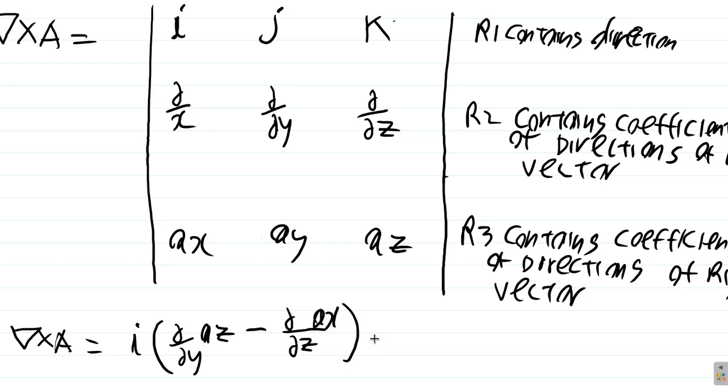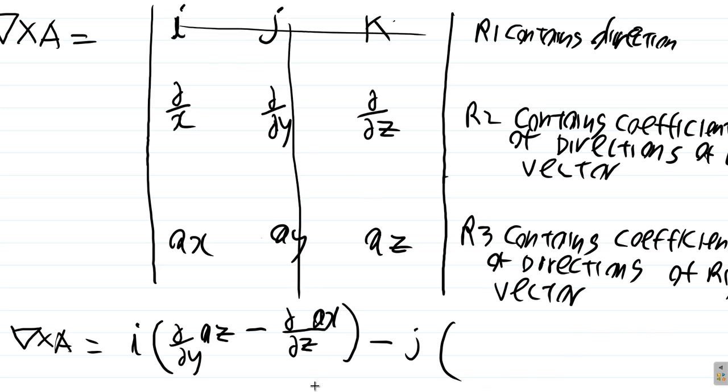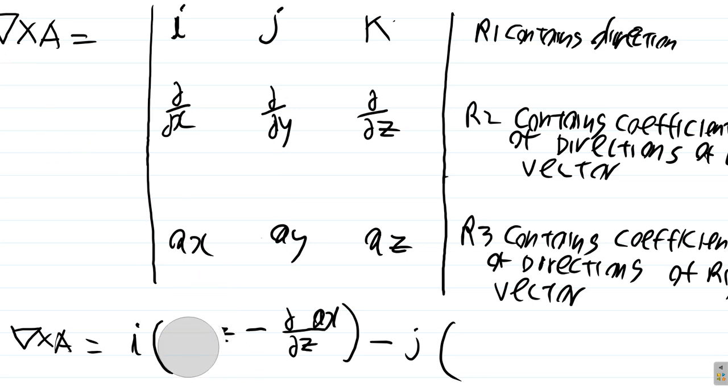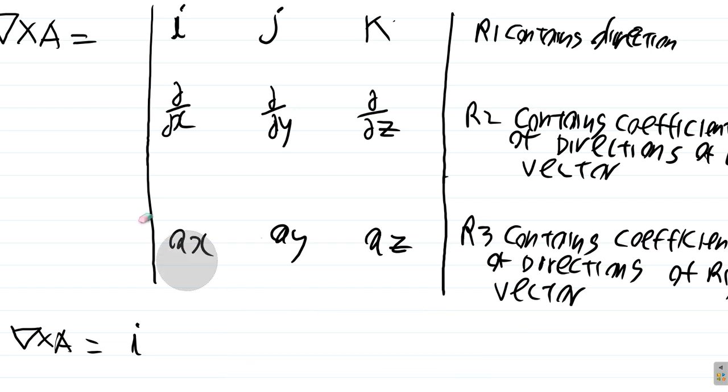Then minus, remember the place signs, minus j times, you cover the row and column with j, the determinant with these ignored. So let me write it in determinant form first. You are expected to remember how to deal with it.